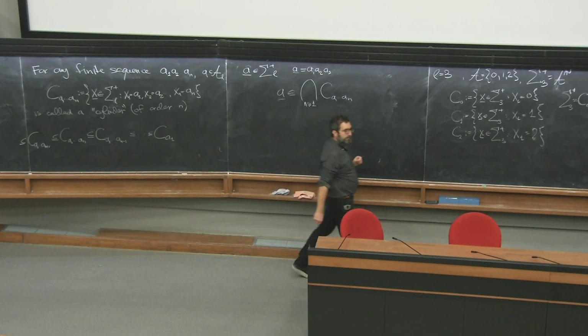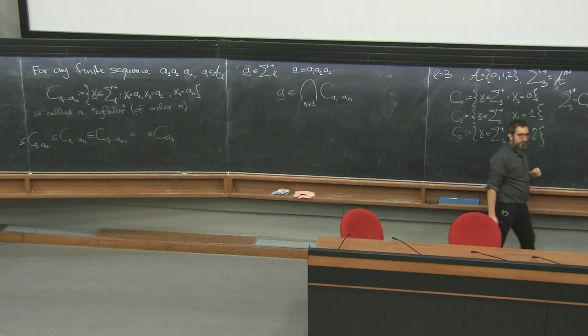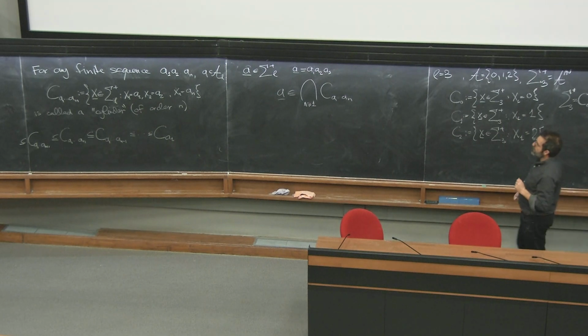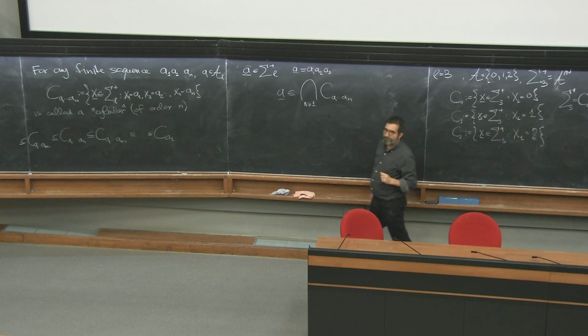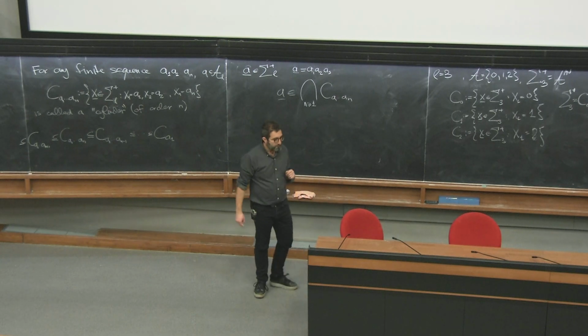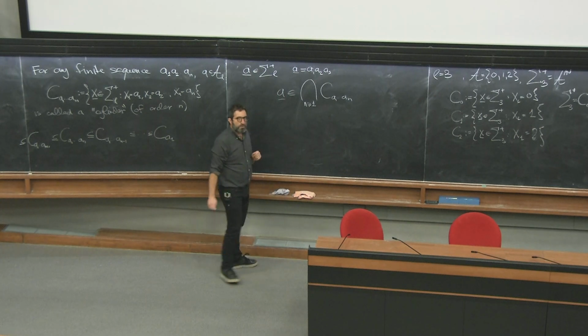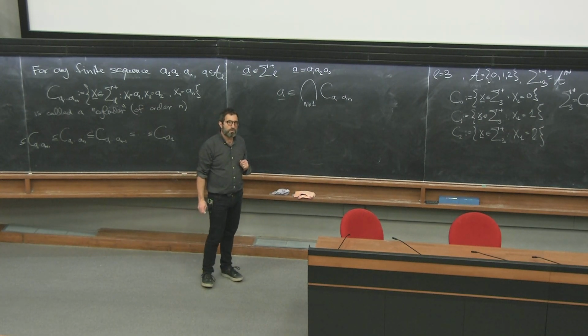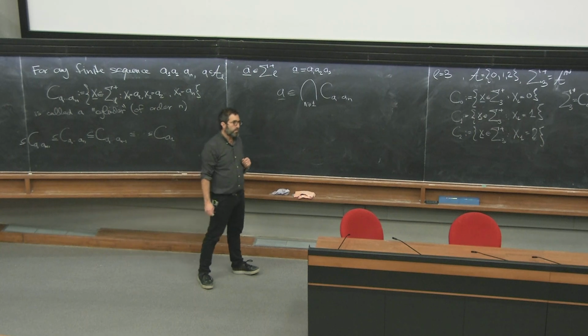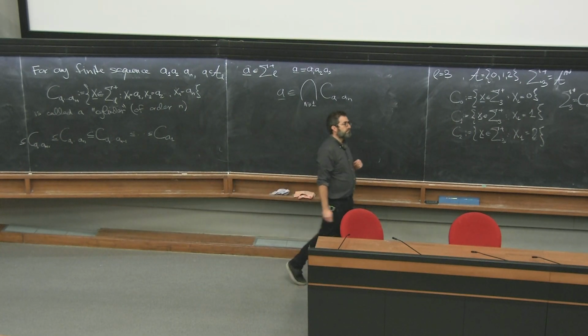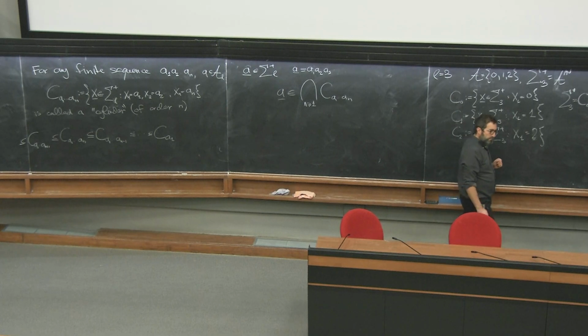Why is it equality? How can we prove that it's equality? Let's calculate the diameter of each of these nested sets. Does everyone agree with that?